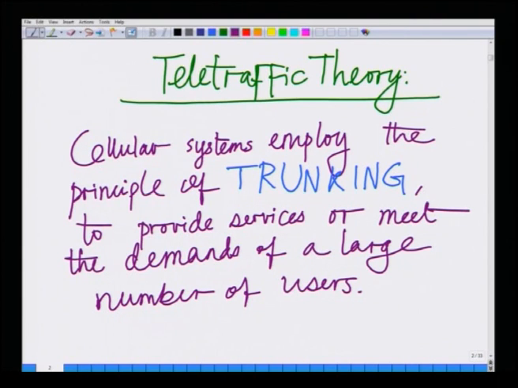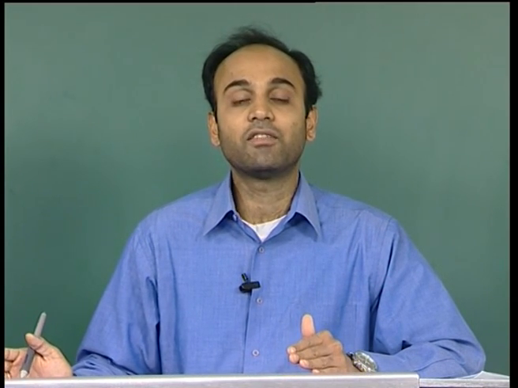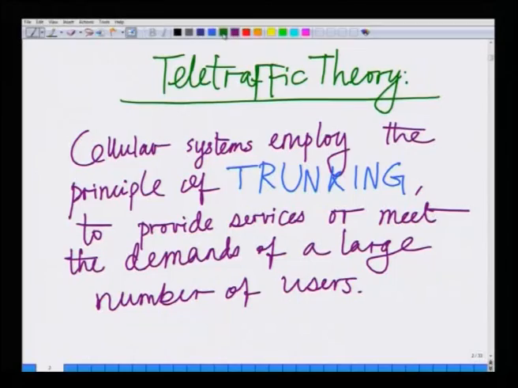In fact, this principle of trunking is not unique to cellular communication systems. It is borrowed from the landline telephone systems, technically termed PSTN, the public switched telephone network. They employ the principle of trunking to meet the demands of a large number of users, but with a limited number of channels, significantly lower than the number of users.